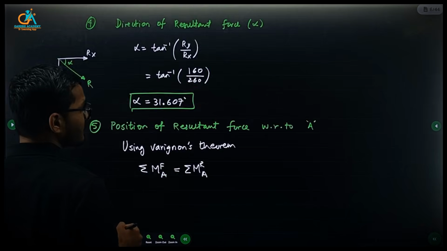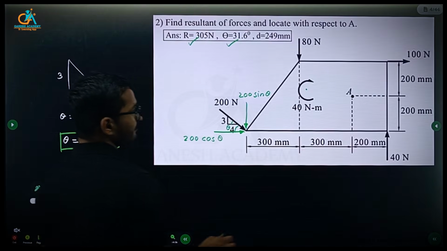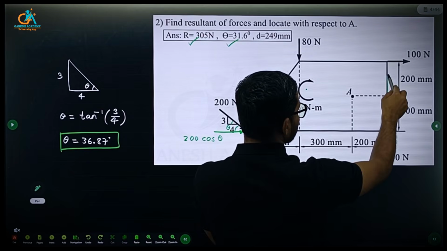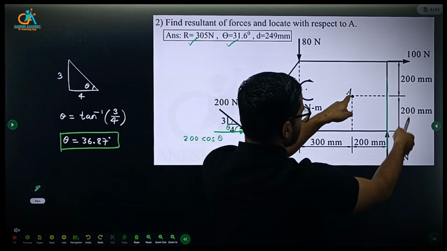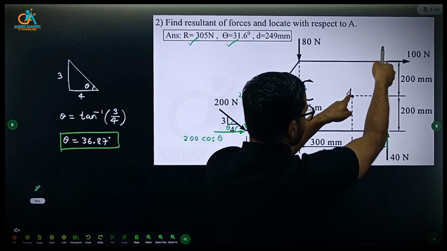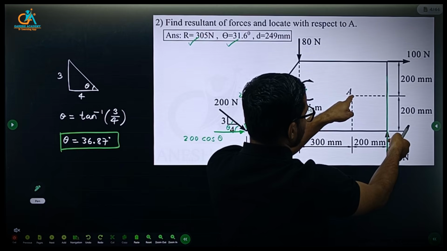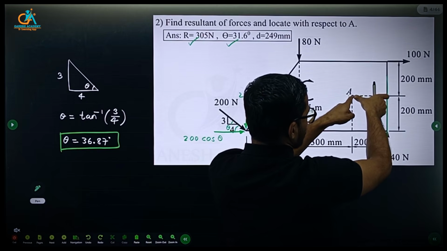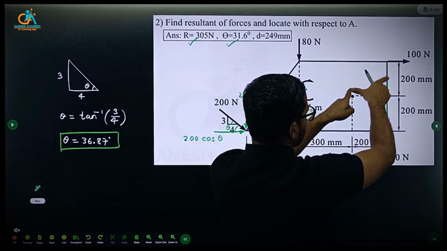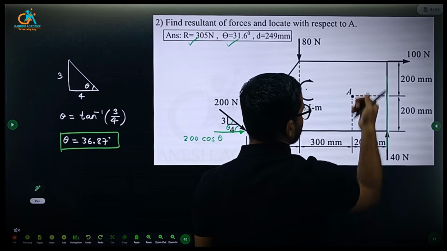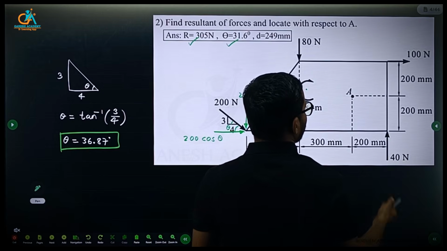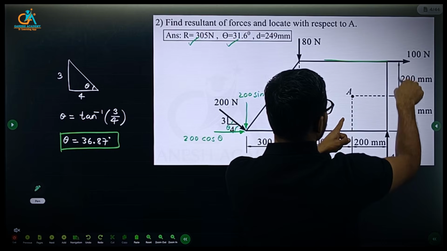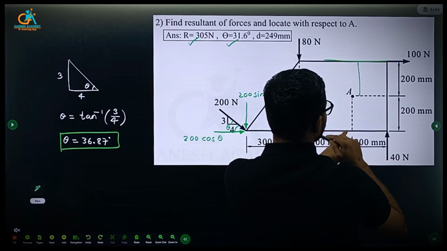So first, starting with this 40 into 200, draw just simply line of action and consider this force vector which will produce whatever moment. So let's say this 40 Newton will produce anti-clockwise rotation about point A, right? In the same way, this 100 Newton line of action is this. It is at perpendicular distance 200 mm from A, right?